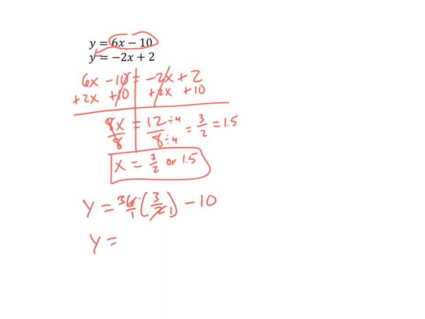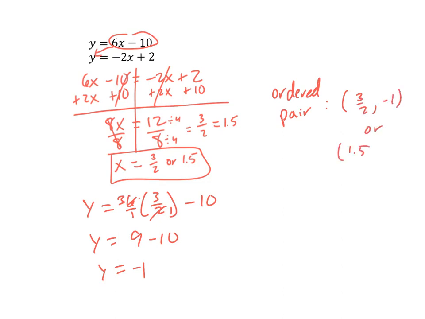So you get y is equal to 3 times 3 is 9 minus 10. So y equals negative 1. So our ordered pair here is going to be 3 halves, negative 1, or you could write it as 1.5, negative 1, because it comes out as a nice decimal that does not repeat.